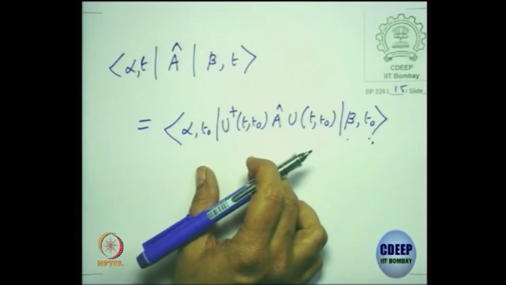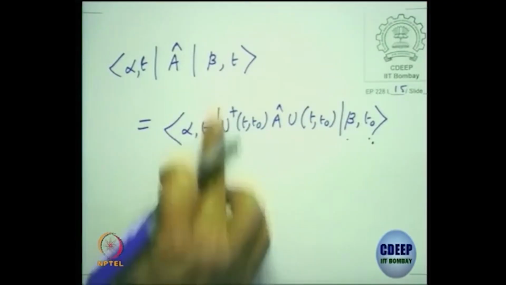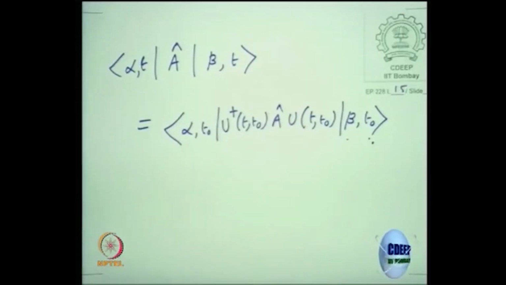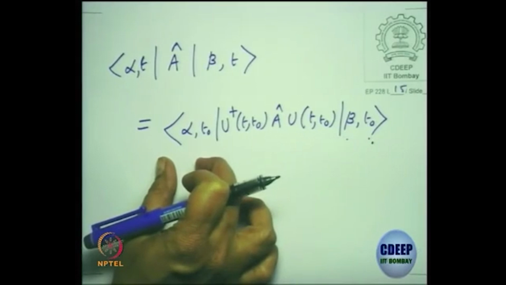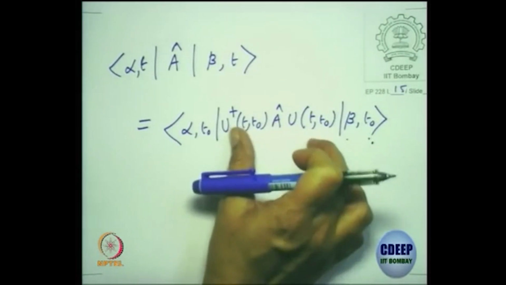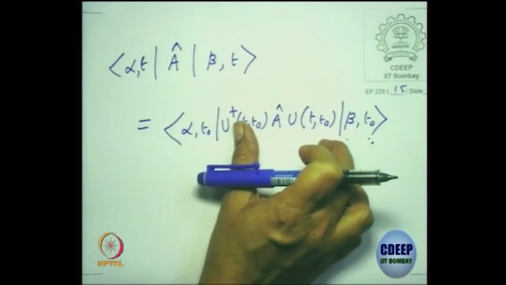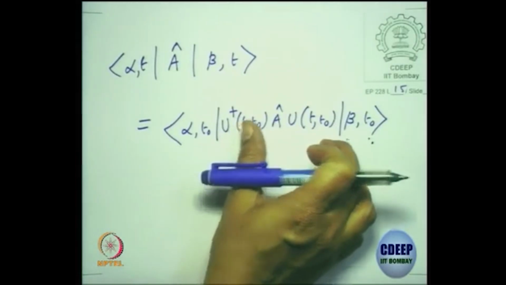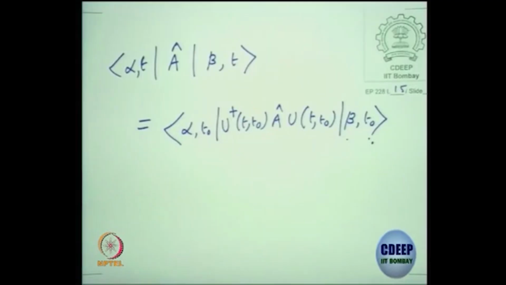Okay. So this is what it tells. Either you evolve the state and evaluate the matrix element, or you fix the state and modify, put this to be time dependent. This is what I was trying to say, that there are two viewpoints.